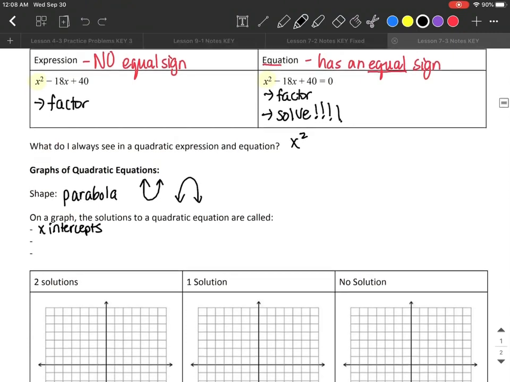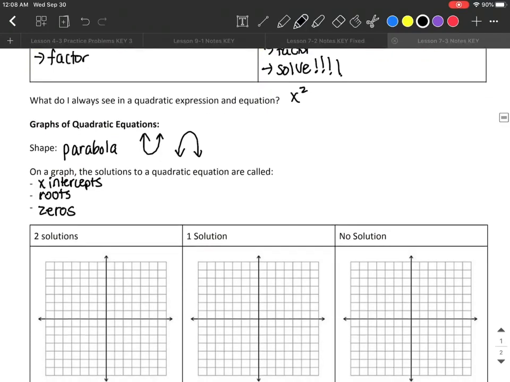When you solve them, you're going to get your x-intercepts. So that's what's going to make y equal to 0. Whatever x values give you y is equal to 0. Your output is 0. Another thing that we call x-intercepts is roots. So they're called roots, and they're also called zeros because they're what makes the output 0. So those are the three different things that they could be called.